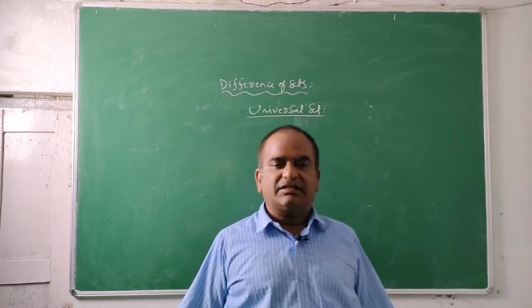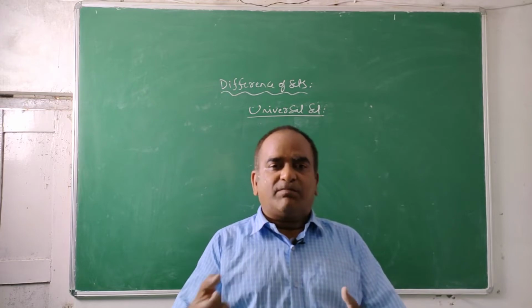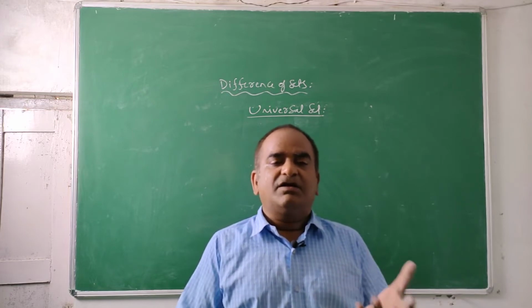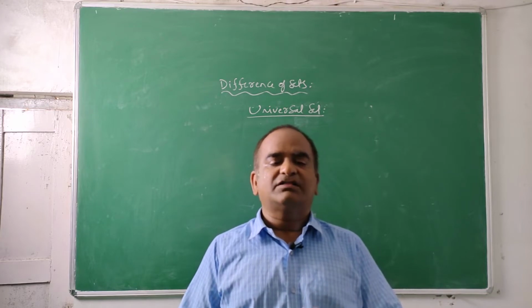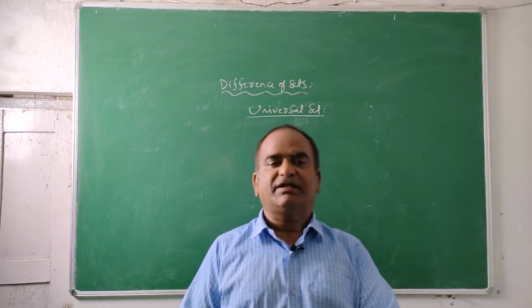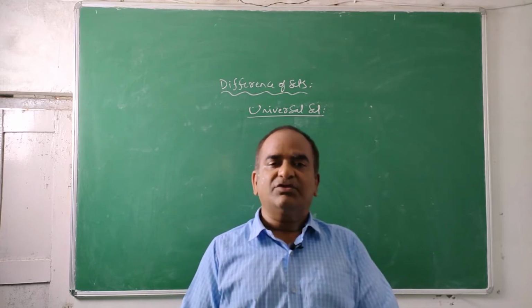Universal set means, as far as a problem is concerned, whatever the sets are under discussion, those all sets will be subsets to a particular set. Then that particular set is called universal set.